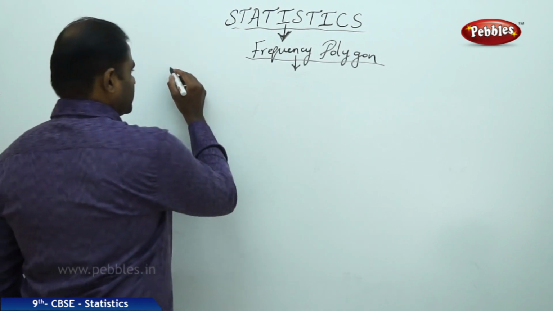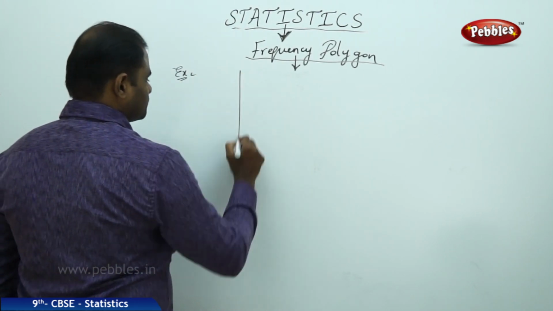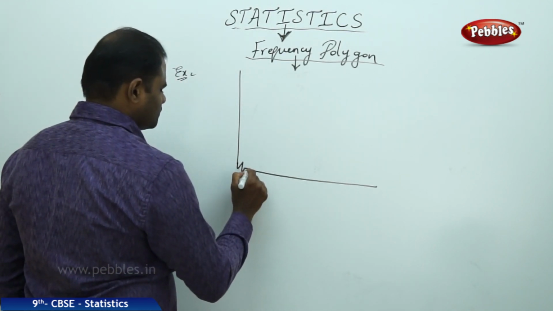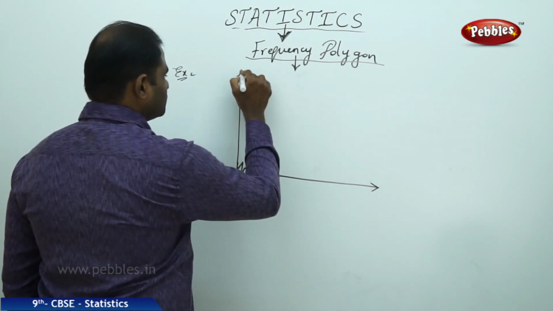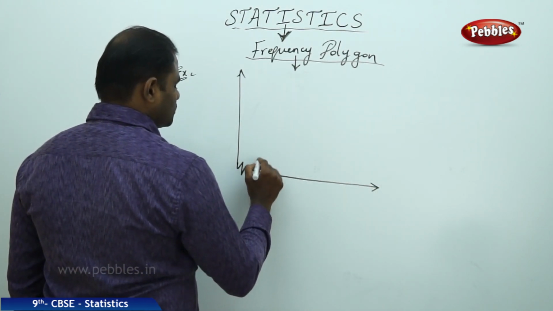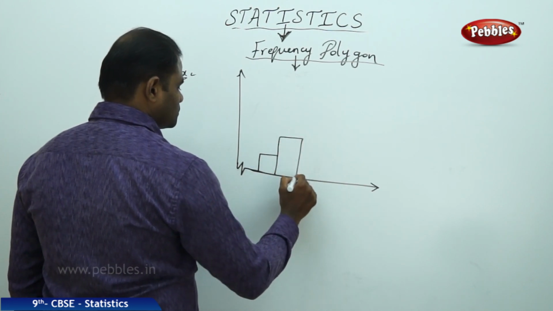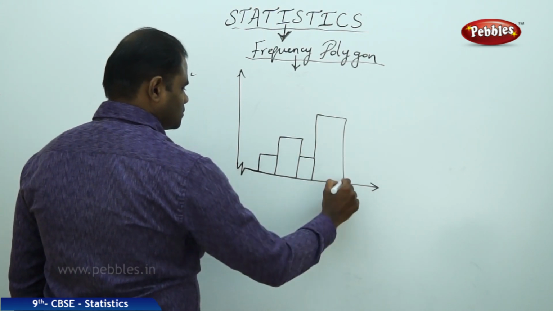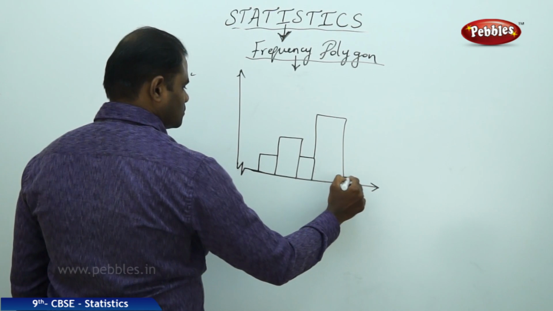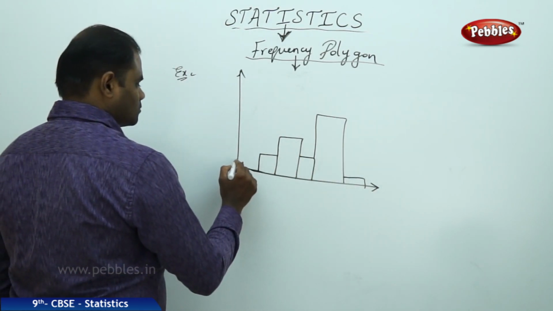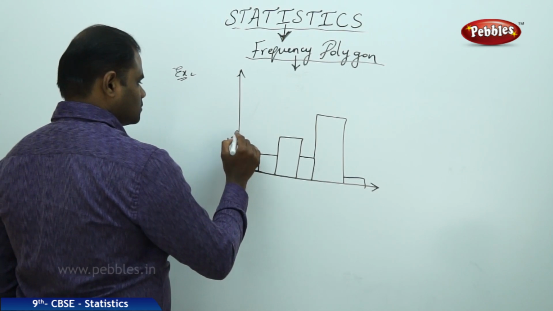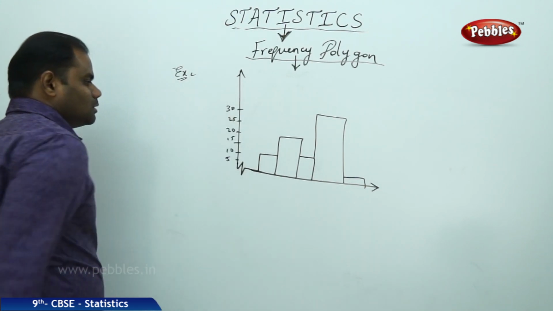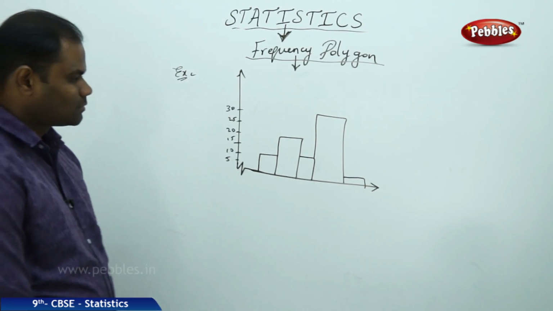Let's take a histogram for example. For example, I have a histogram with all marks of students. Let's say this is the polygon.